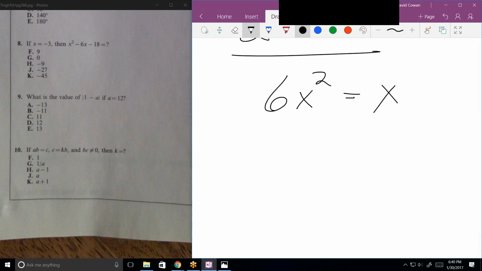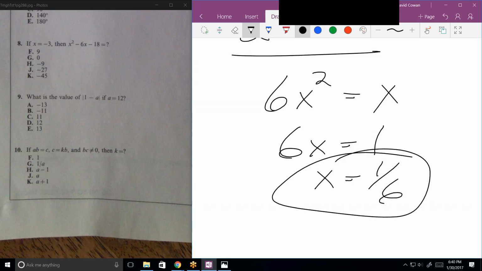Solve that the same way you just solved the other. 6x squared equals x. Could I divide by x? When you do that, you get 6x equals 1, and then you get that as an answer, right?